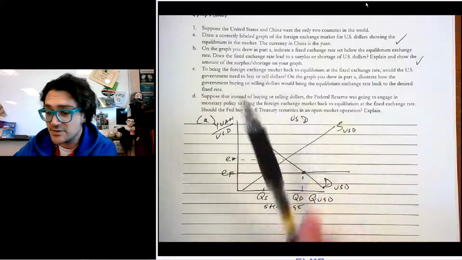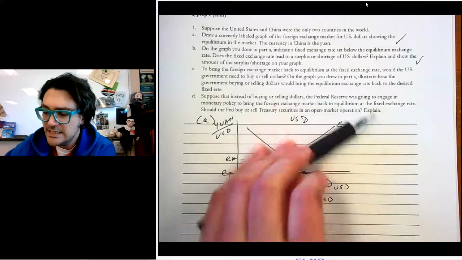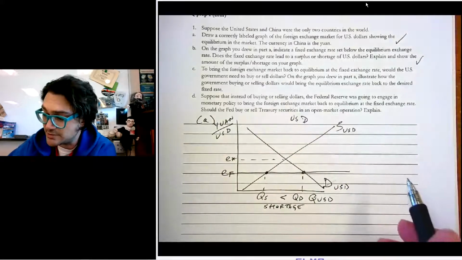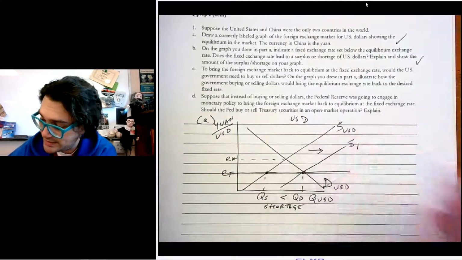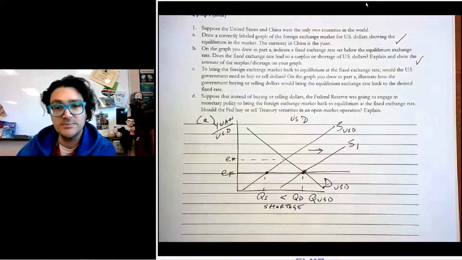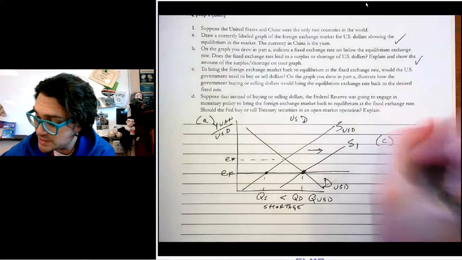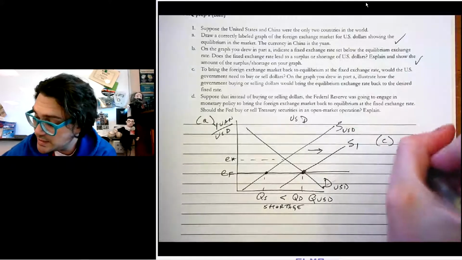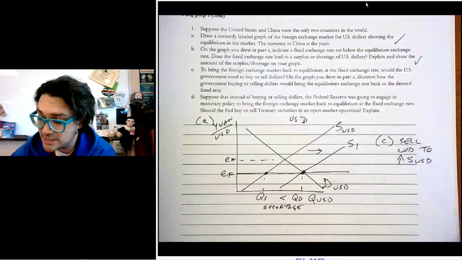And if they sell dollars, then that means they're supplying more dollars, and so it makes the supply curve go like that. And so they do need to sell dollars. And in theory, if they do it exactly right, then they push it right back to where it was. So we do need to probably say though for part C, sell USD to increase the supply of USD.